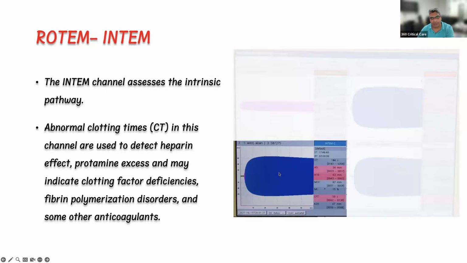Anything that causes an abnormal intrinsic pathway will be shown in this channel. So whether it is heparin, protamine excess, clotting factor deficiency, a fibrin polymerization disorder, or any other anticoagulant affecting the intrinsic pathway, you will find an abnormal INTEM. Okay, intrinsic pathway problem, right?